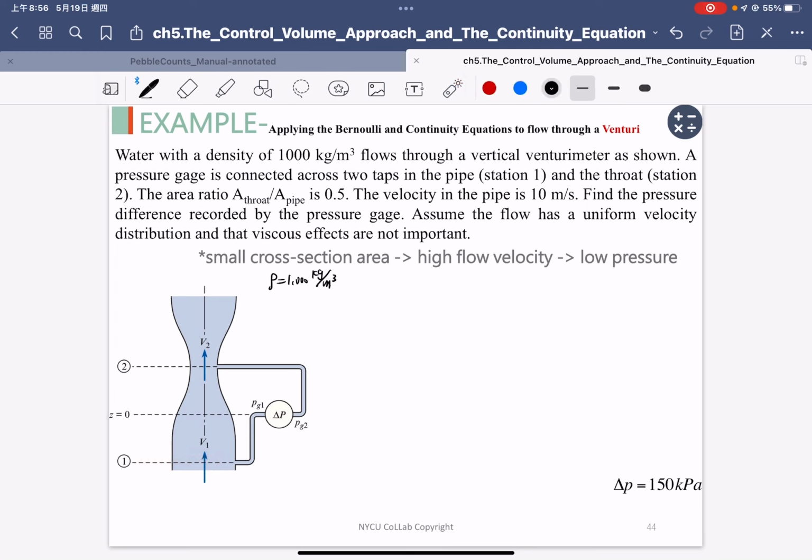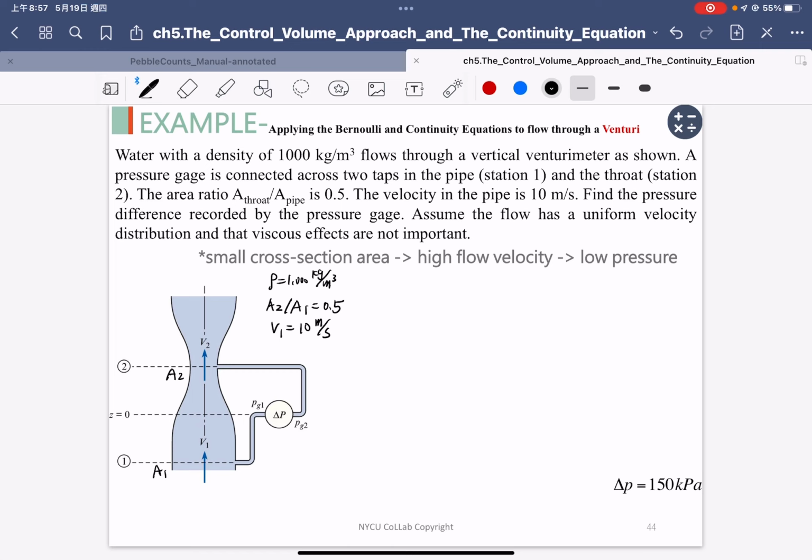Section 1 has area A1 and section 2 has area A2. The area ratio A2 divided by A1 is equal to 0.5, and the velocity in the pipe is 10 meters per second. So V1 is 10 meters per second.